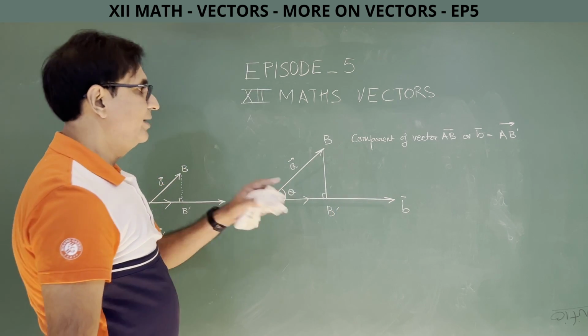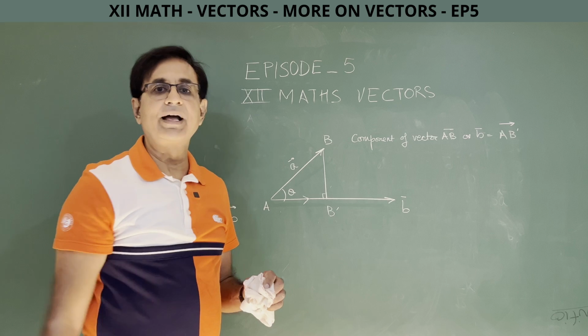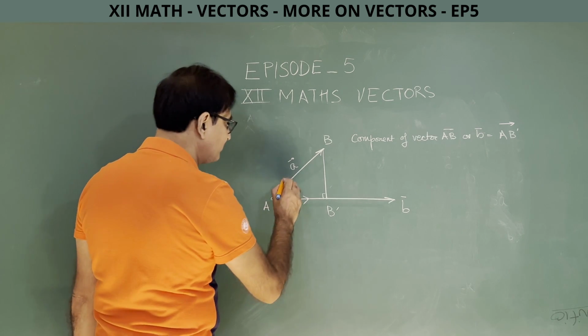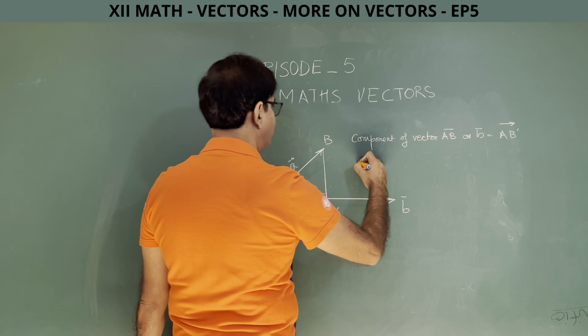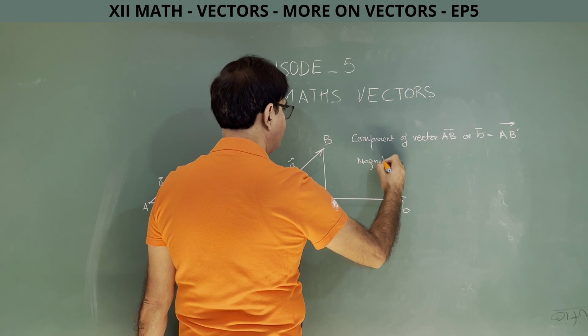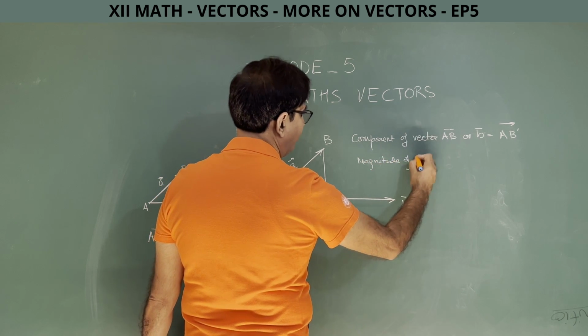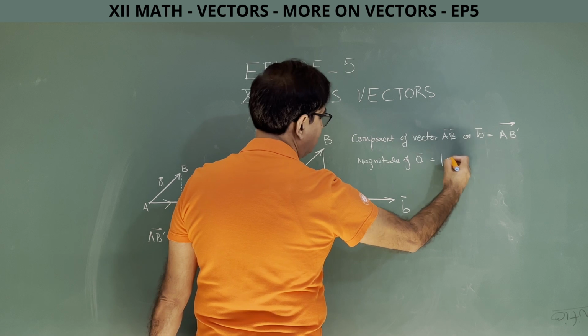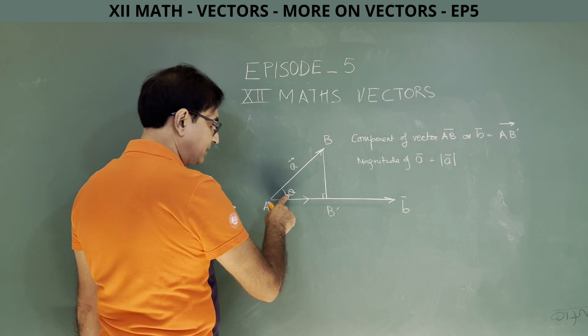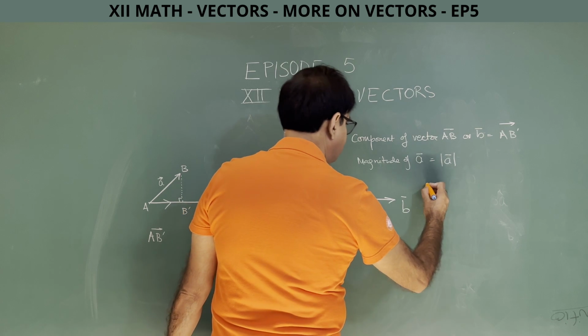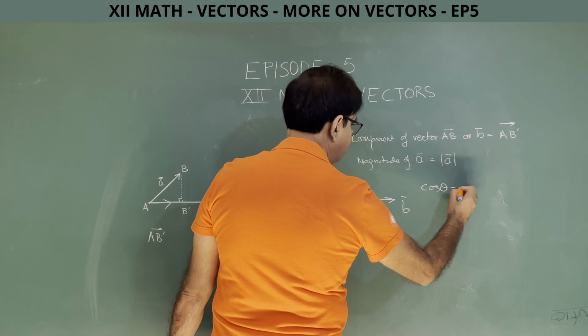Alright. Now since it is a vector, it will have magnitude as well as direction. So let's find the magnitude. What is the magnitude of vector A? It is written like this. And what is this? Theta. So you know the triangle trigonometry, what is cos theta?